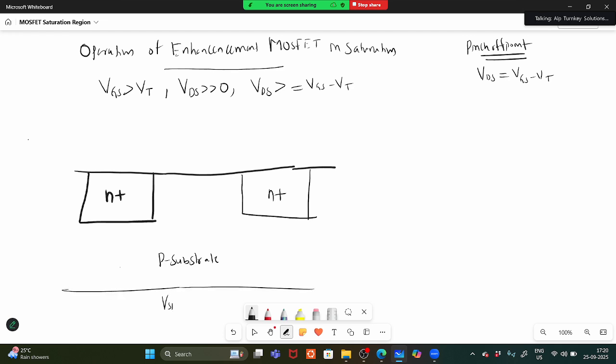Here we are giving VSB equal to 0, and we have the oxide layer, next the polysilicon, and above this there is a metal.